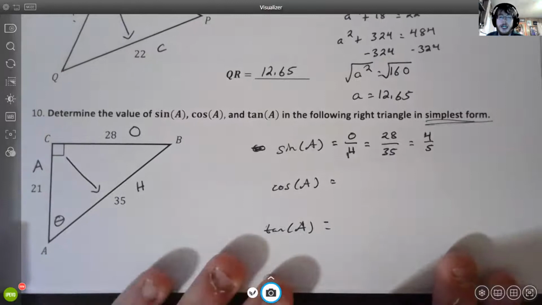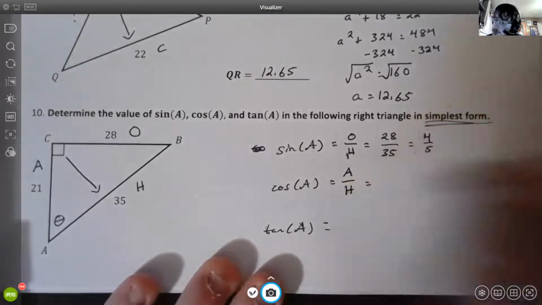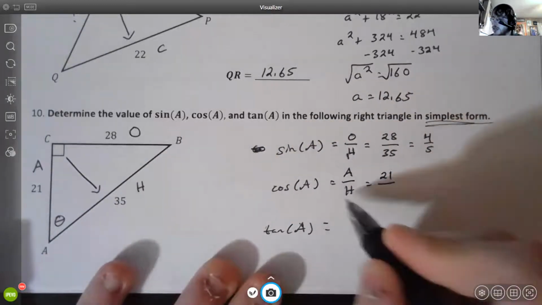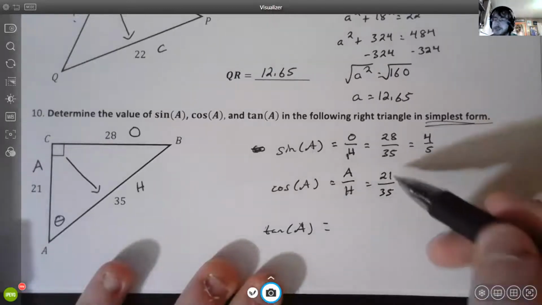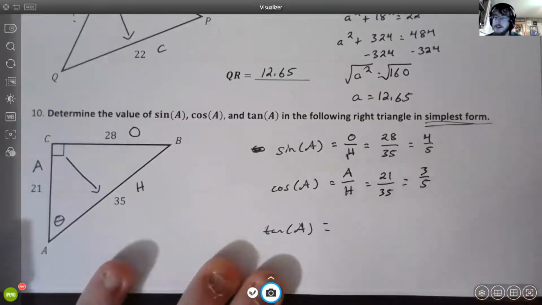Next up is cosine. Cosine is adjacent over hypotenuse. We labeled our adjacent side as 21. Our hypotenuse is 35. And if you type that in Desmos and simplify, you'll find that that is 3 over 5.